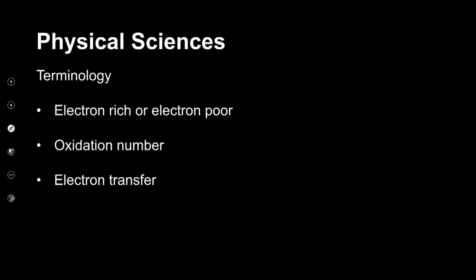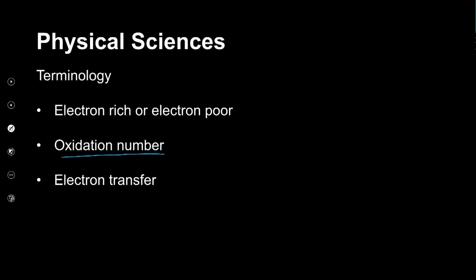Okay, some of the key terms that we will make use of for the purpose of our discussion today are the following phrases: electron rich or electron poor. So it is about the electrons, right? Then the other key term is oxidation number. We'll try and understand what oxidation number is all about, and we'll work through practical examples of how you go about determining, or assigning, oxidation numbers to different elements within a compound or a polyatomic ion.